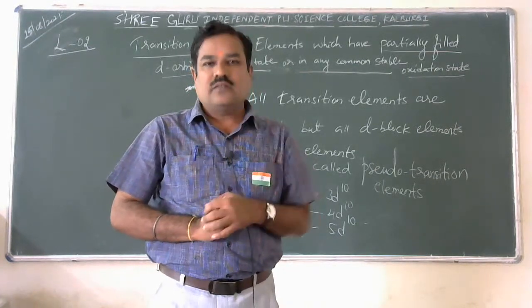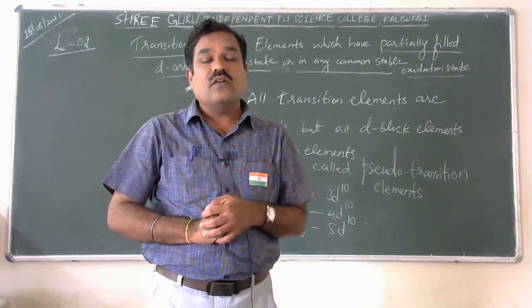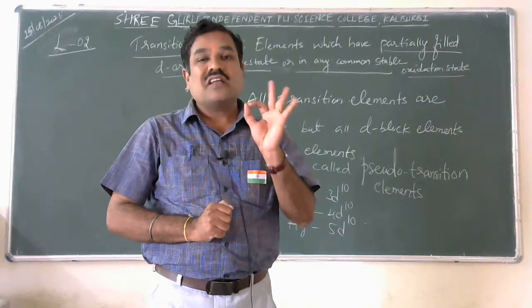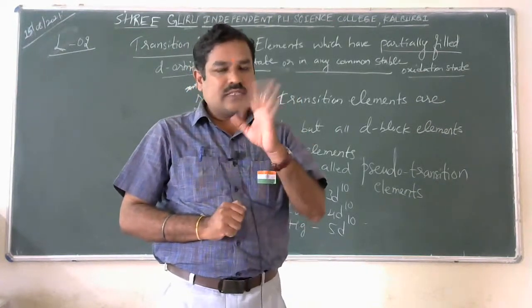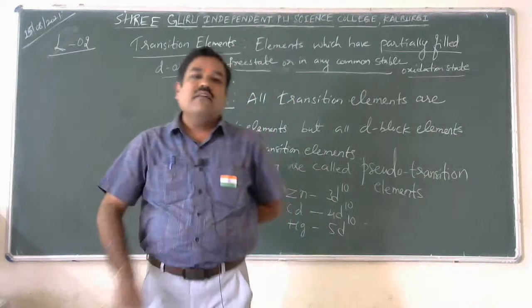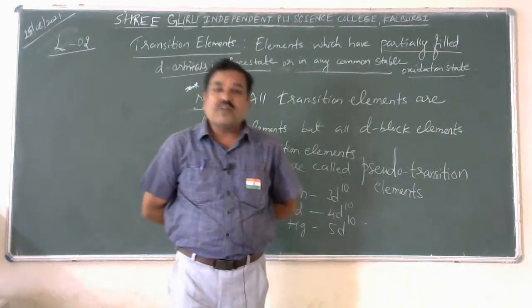These are the common physical properties of d block or transition elements. Only exceptions are zinc, cadmium, mercury; the rest show these properties.